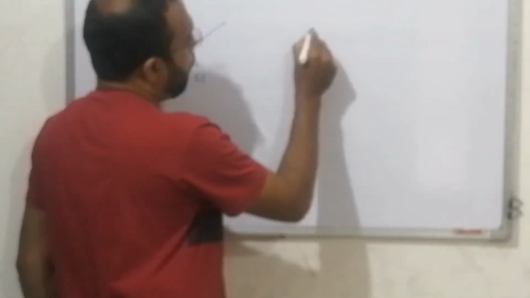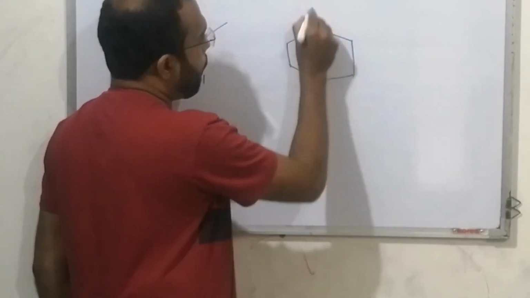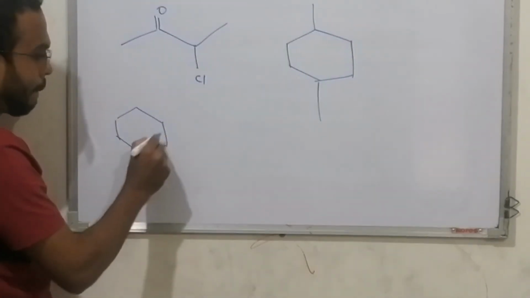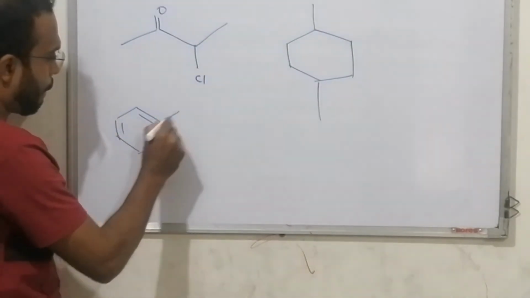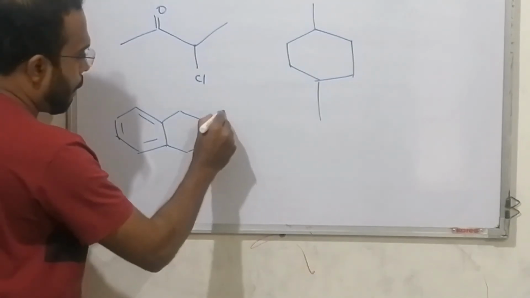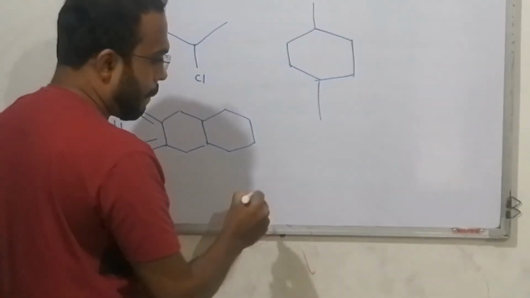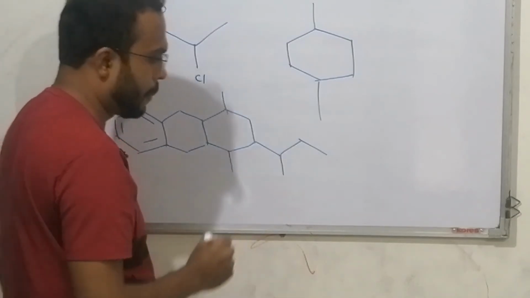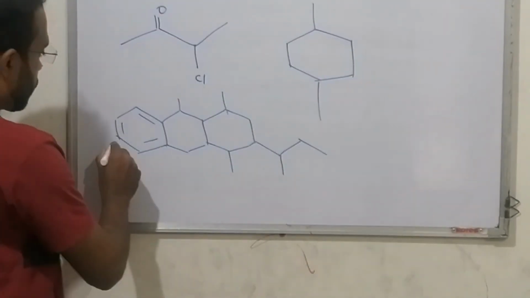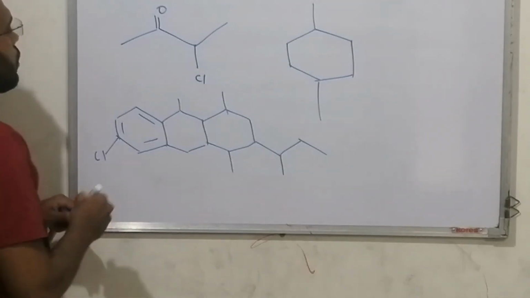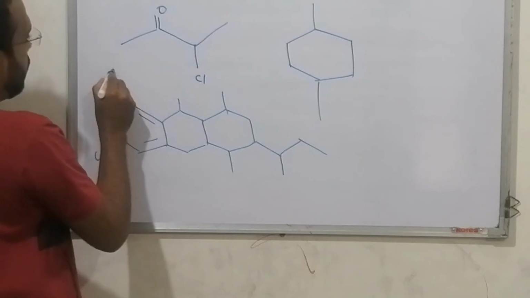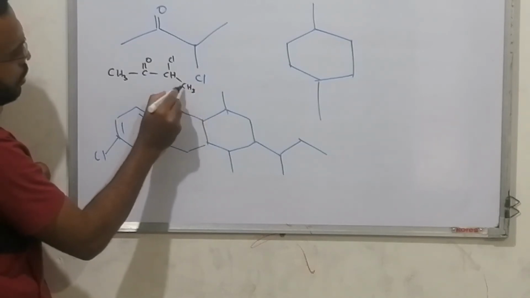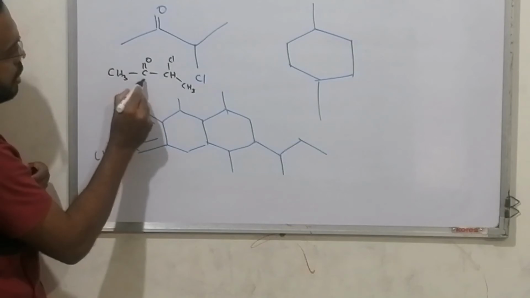Chlorine, another molecule. Okay. In this case, you just write like this: CH3, C double bond O, CHCl, CH3. The CH3 and C double bond O are not chiral because it is sp2.